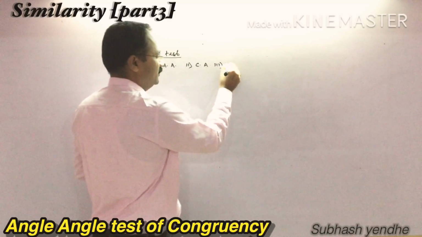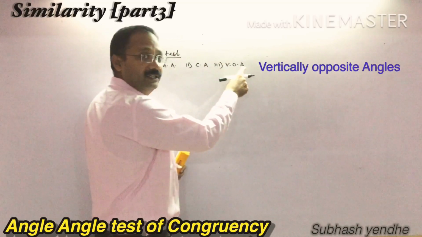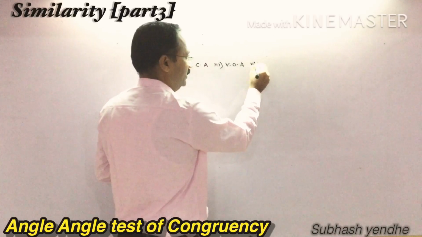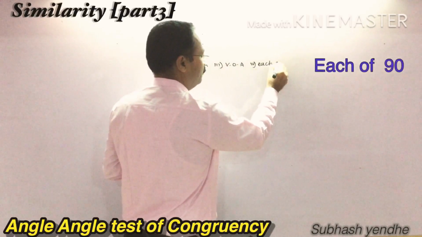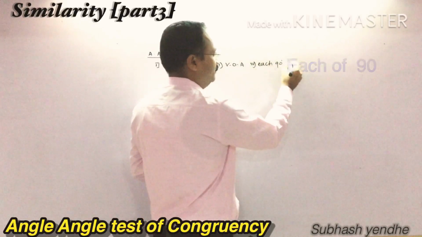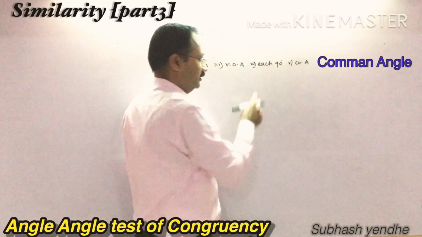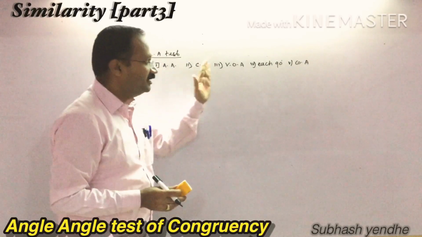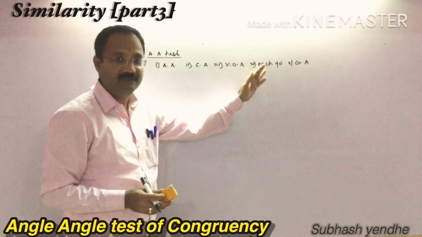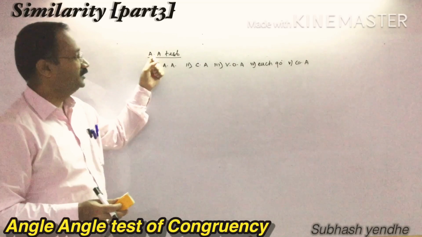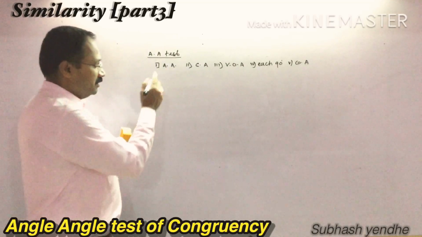Third one is vertically opposite angle. Fourth is each of 90. And the fifth one is common angle. These five angles are very important for us to show the AA test.